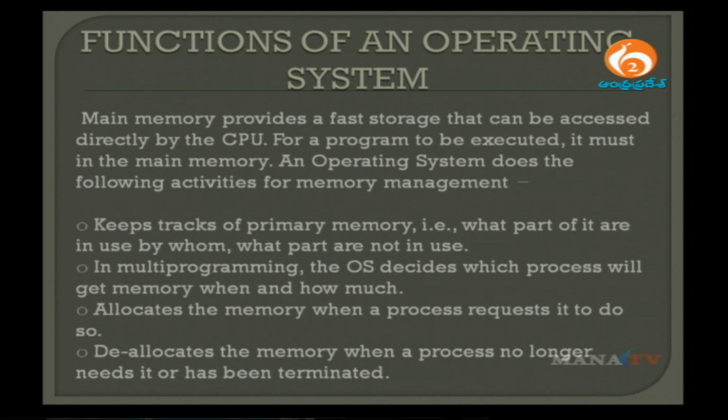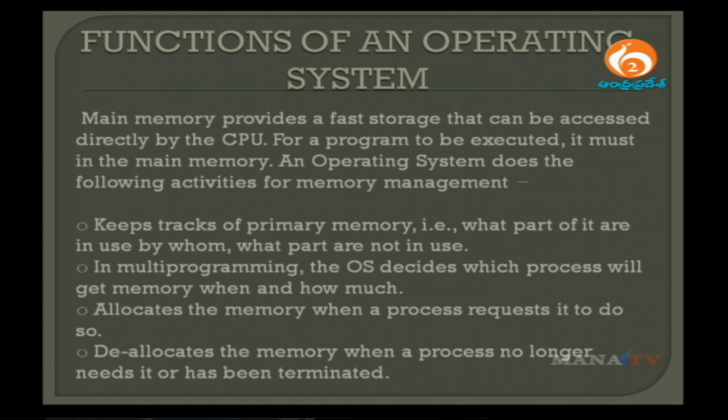An operating system does the following activities for memory management. What does the operating system do for memory management? I will tell you. It keeps track of the primary memory. For example, whatever you have stored in the hard disk will be taken care of. The main memory will make sure that the primary memory is being used by whom, and if I am using it or somebody else is using it, everything will be tracked.